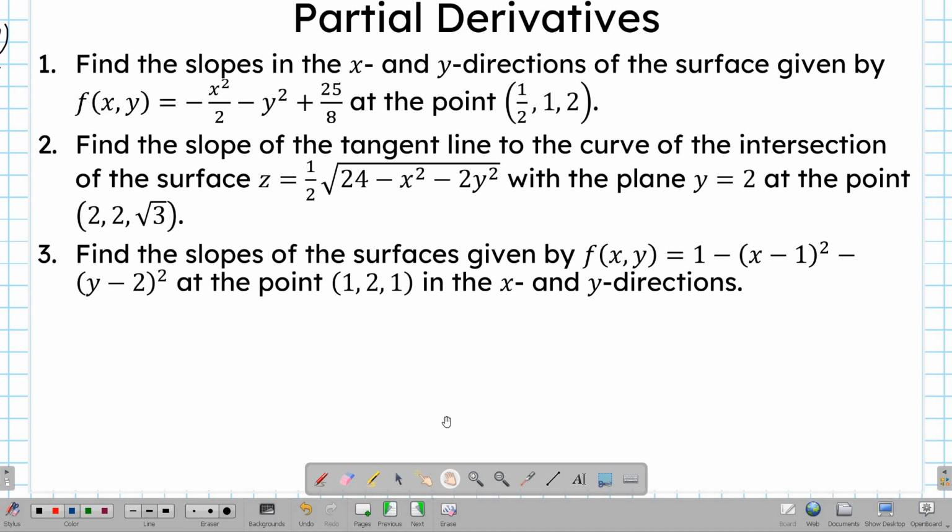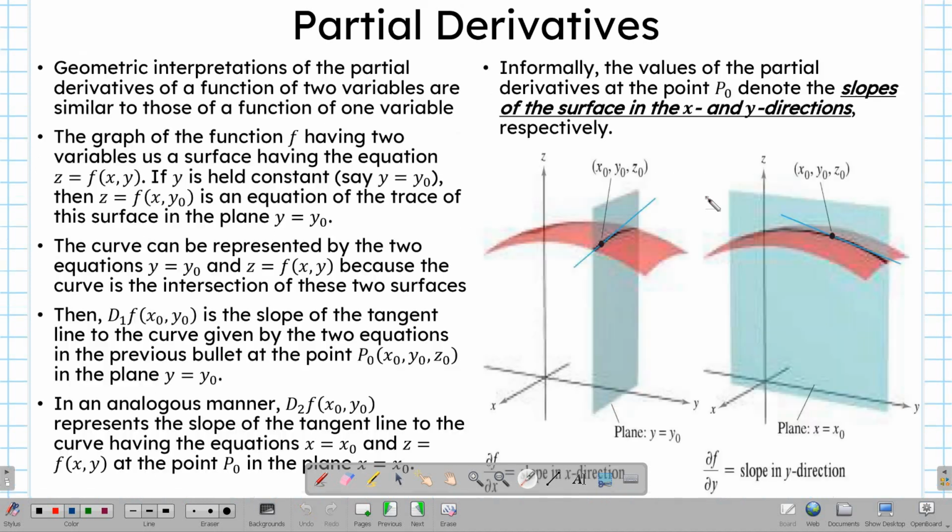Now let's go to number 2. Find the slope of the tangent line to the curve of the intersection of the surface z is equal to this with the plane y equals 2 at the point 2, 2, square root of 3. Going back, if we have the plane here at y equals y sub 0, this is the one that remains constant.